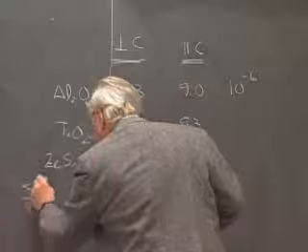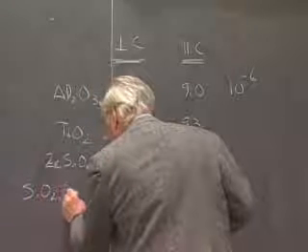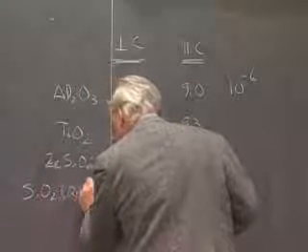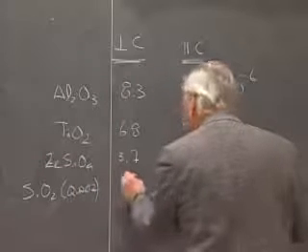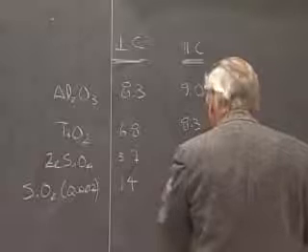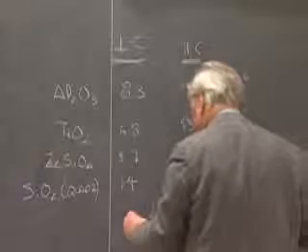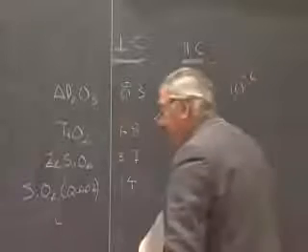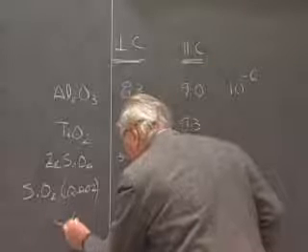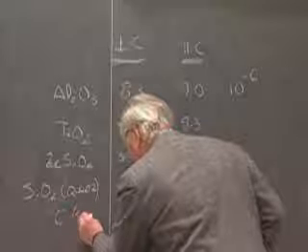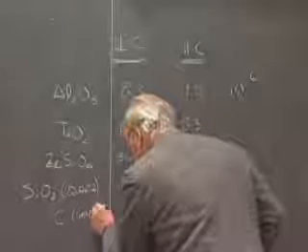For the quartz form of silica, which is hexagonal, 14 perpendicular to C, 9 parallel to C. For carbon, the graphite form, a layer structure, you can almost guess how this is going to turn out.